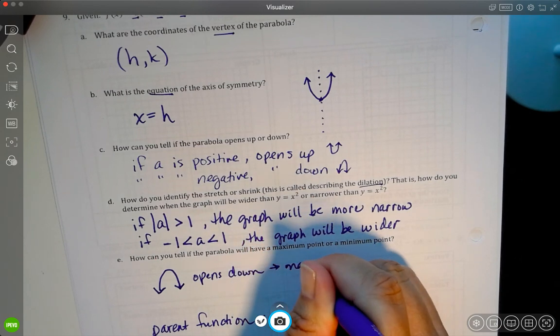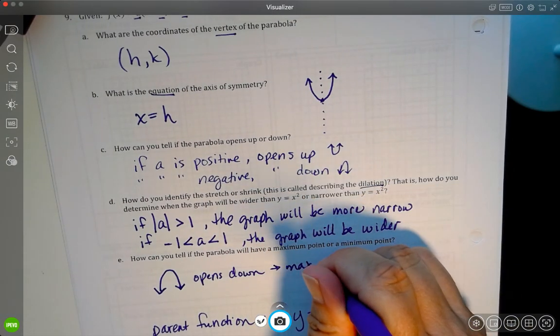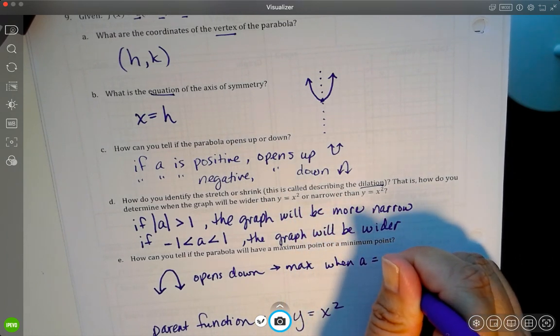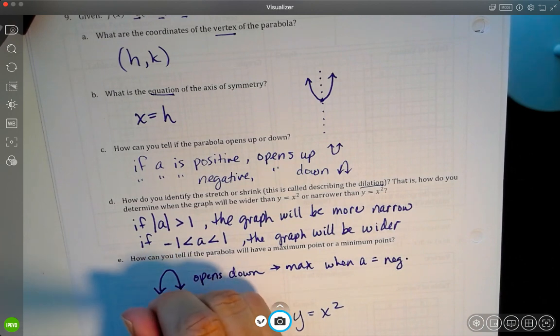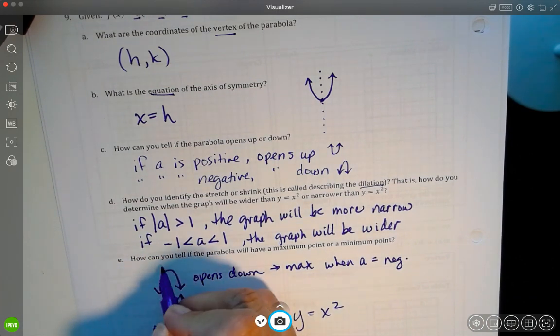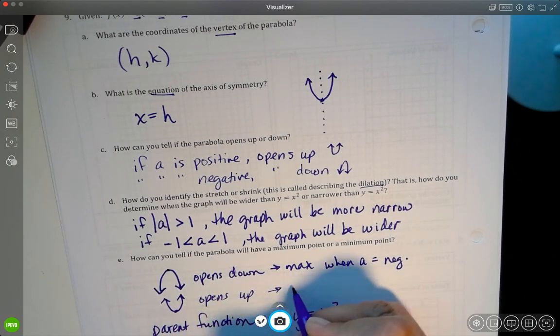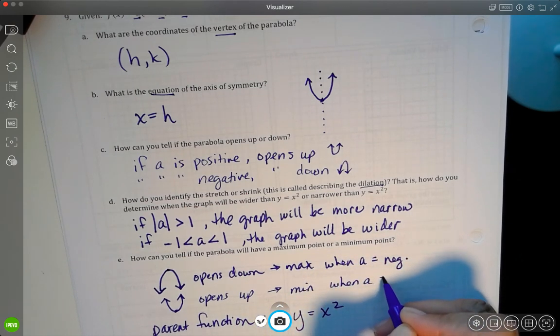And remember, it opens down when A is negative. And then it has a minimum point, right? Like right here, when it opens up, it has a minimum, and that happens when A is a positive number.